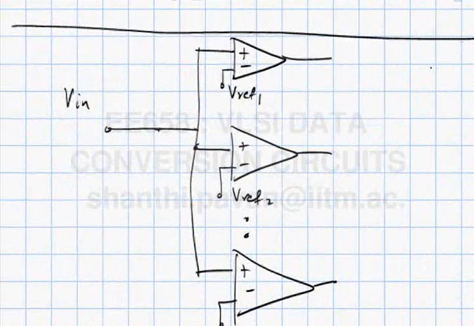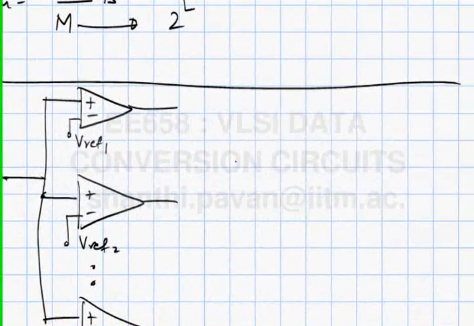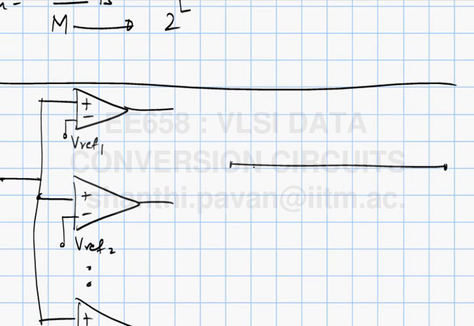a simple, cheap, straightforward way is to generate references. So I must classify my input and figure out in which bin it lies, where the bins are, say, Vref 1, Vref 2, all the way up to Vref 2 to the N minus 1.